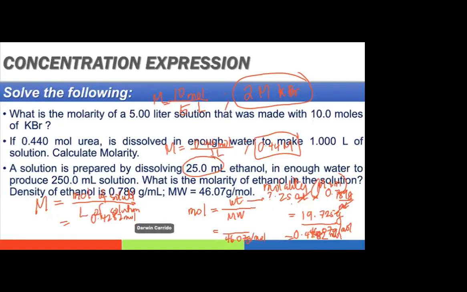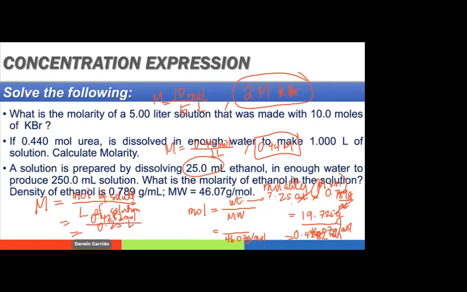Alam mo na ba yung volume ng solution? Sabi dun sa problem, dissolve 25 ml of ethanol in enough water to make 250 ml of solution. You convert 250 ml to liter, 0.25 liter. And therefore, what is the molarity?